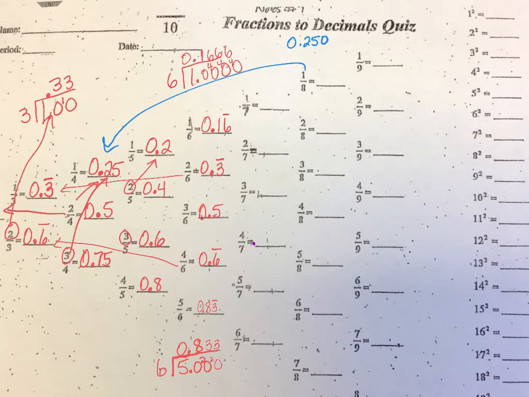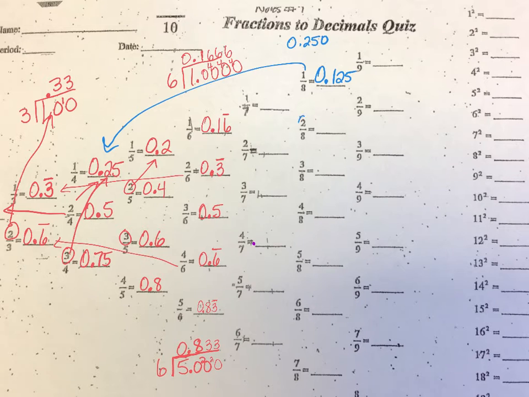What's half of 250? 125. That's what it is, 0.125. Okay? 2/8 reduces to what? 1/4, which is 0.25.